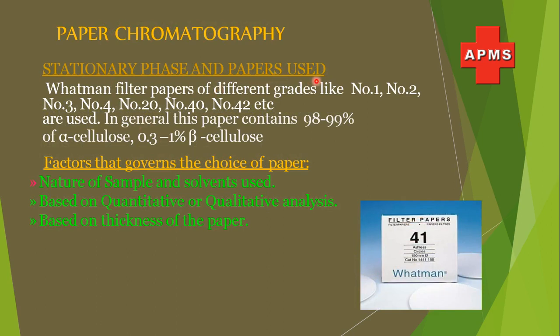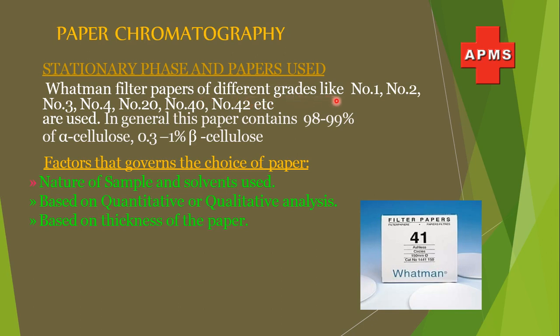Stationary phase and papers used. Generally very good quality papers are used, that is Whatman filter papers, which have different pore sizes. Different pore size means the cellulose fibers in these Whatman filter papers are arranged very perfectly, very accurately, and provide a specific pore size.